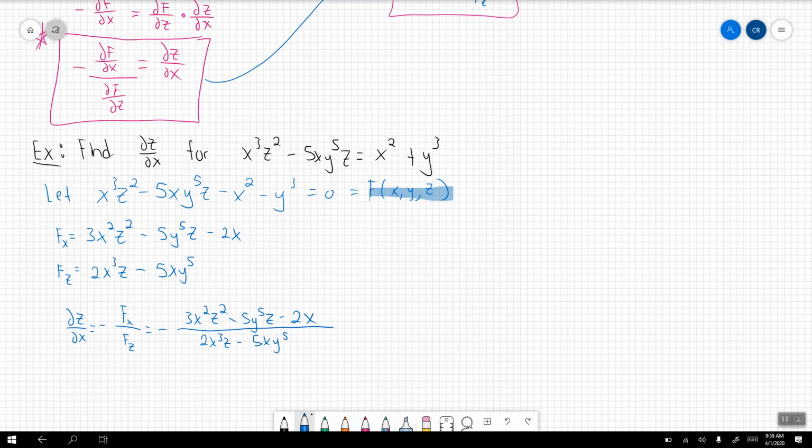If you distribute the negative into that numerator, we get the exact same answer as the previous section. So we get the same answer as section 14.4.